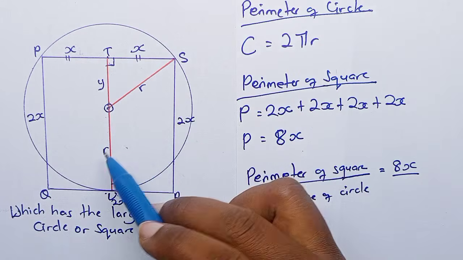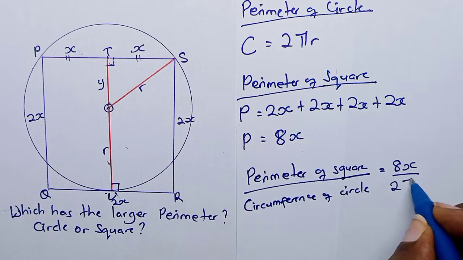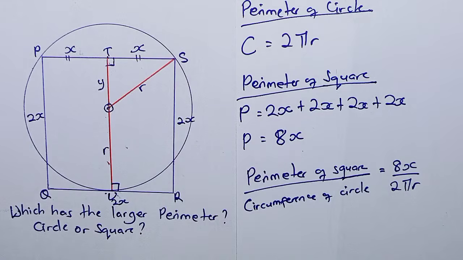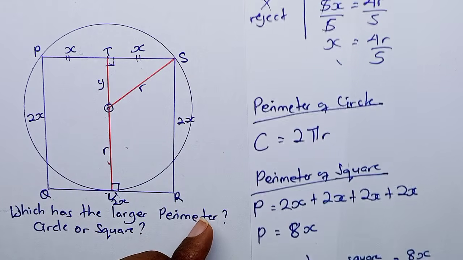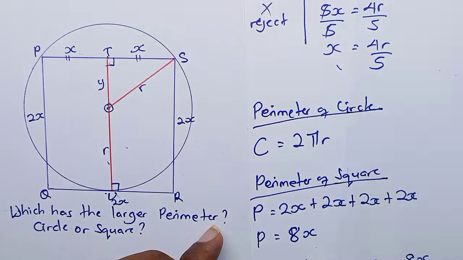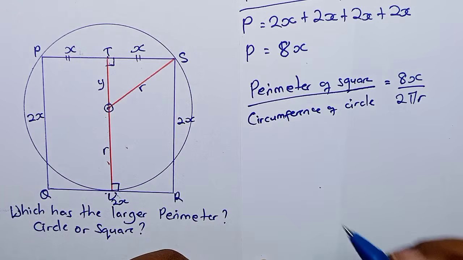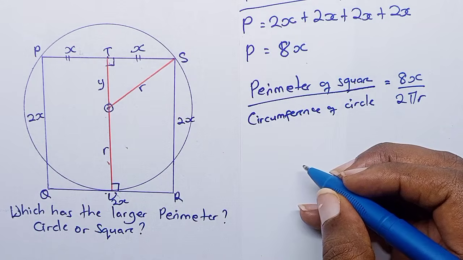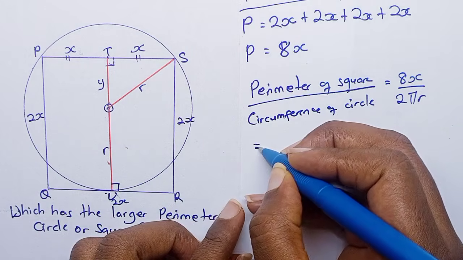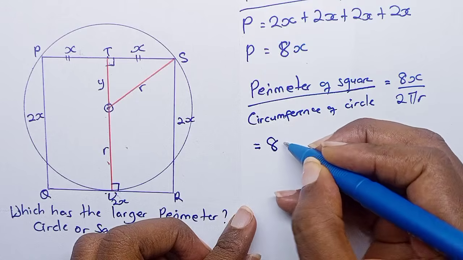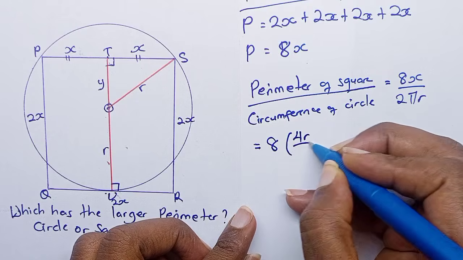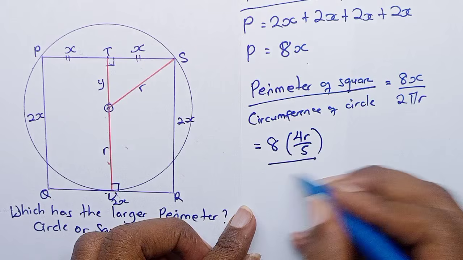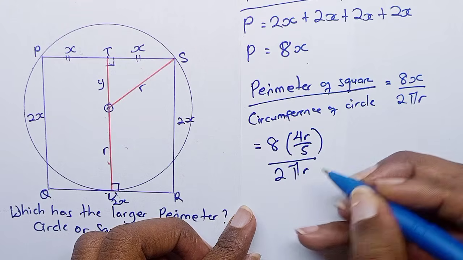Of course, r is still r here. But we already got that x is 4r over 5. So we replace here. This will be equal to 8 into 4r over 5 divided by 2 pi r.